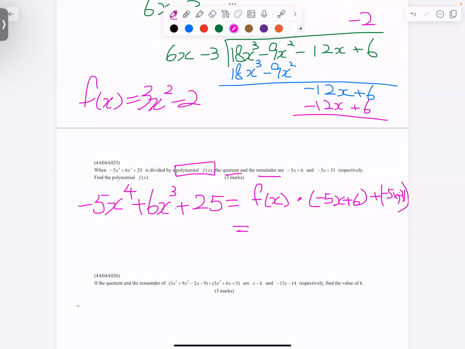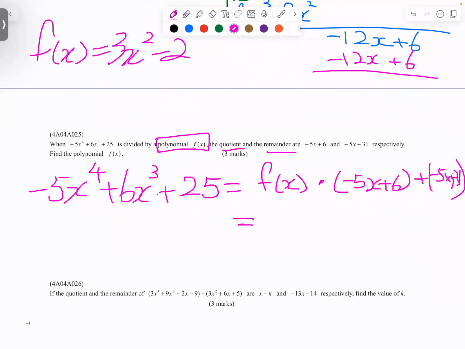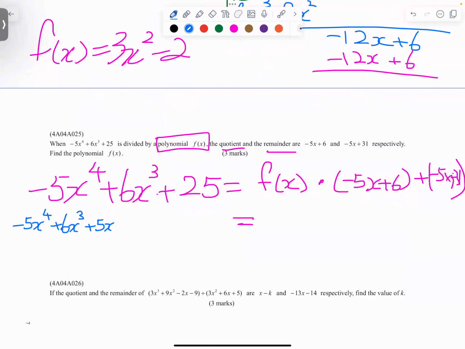Because there's a bracket, you open it up first and then move it to the other side. So you'll get the whole thing as, after a little bit of calculation, you get that. I got f(x) equals 5x cubed minus 1.